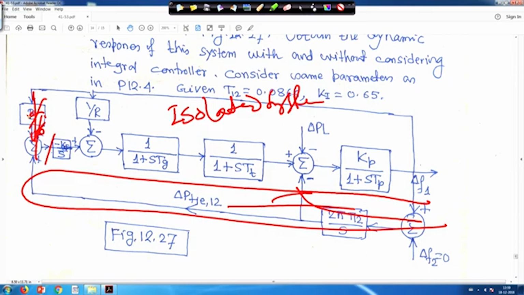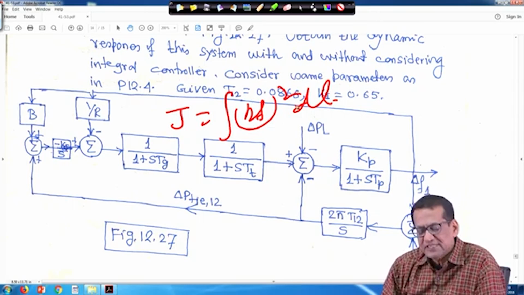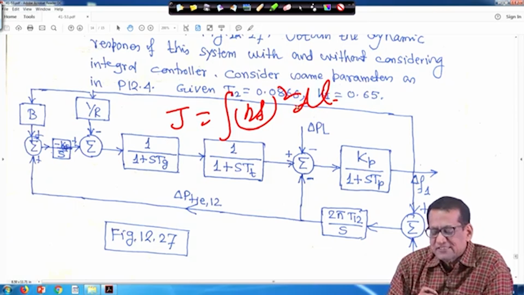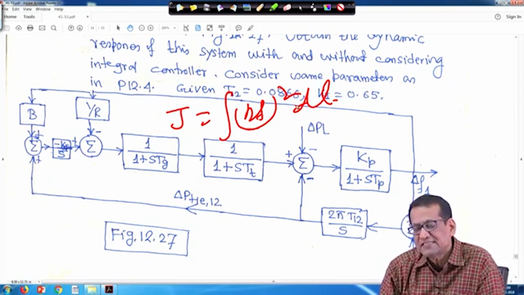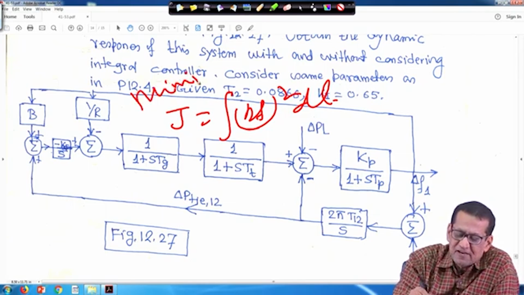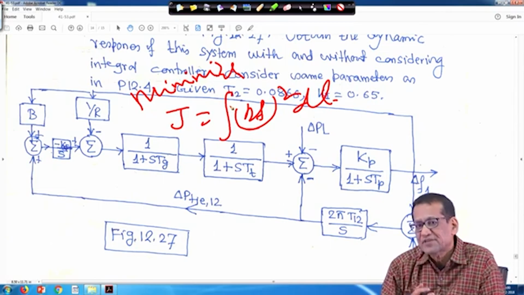If we take a performance index, say the integral of delta F square dt, it is an integral square error technique. Then the objective function J is the integral of delta F square dt, and your objective is to minimize the function J for the isolated system only.